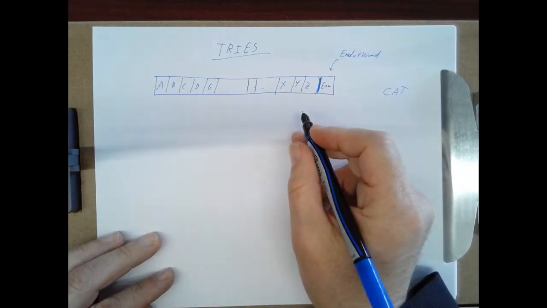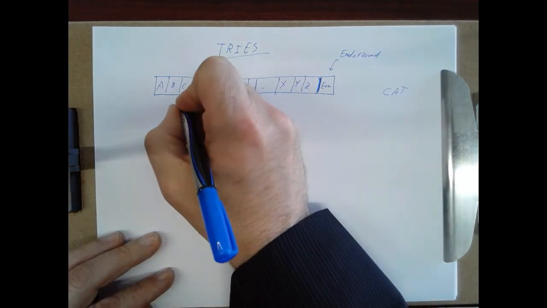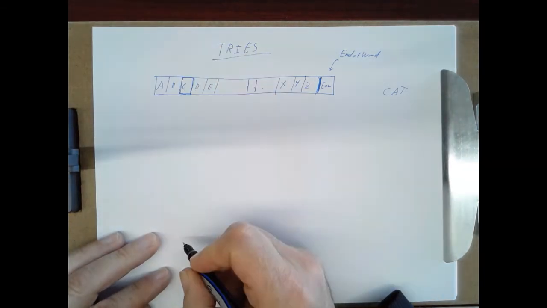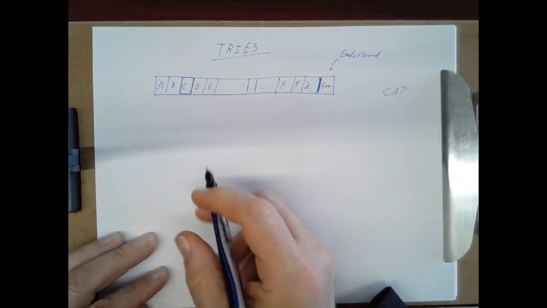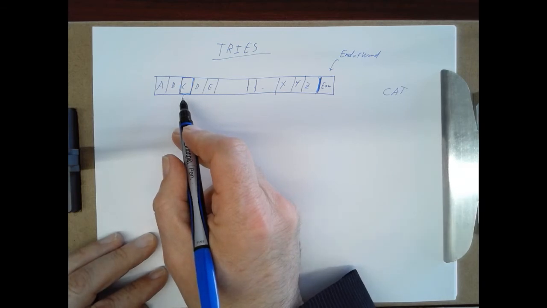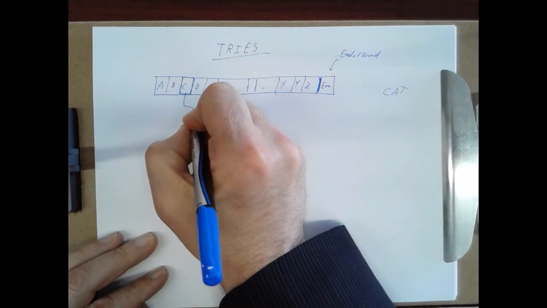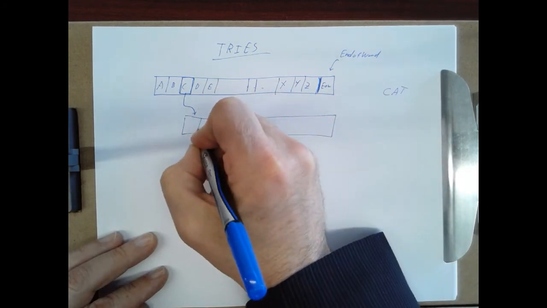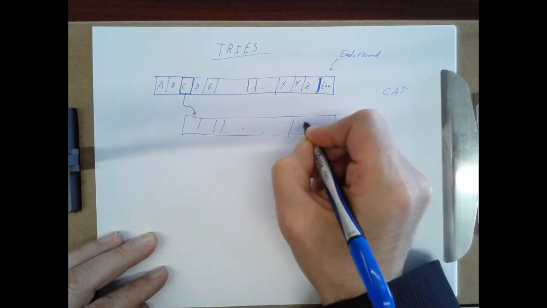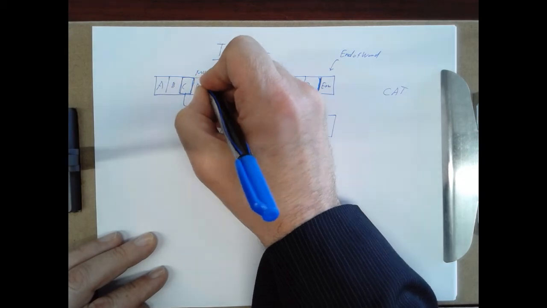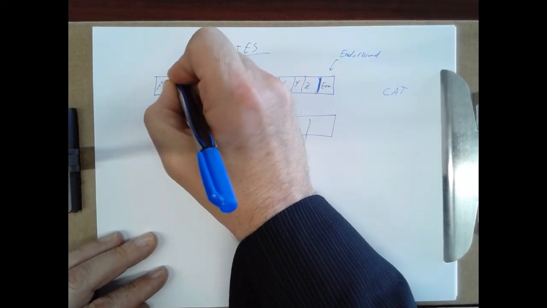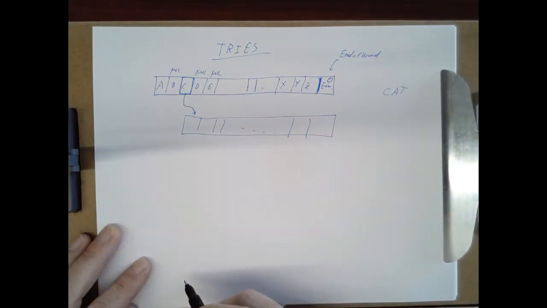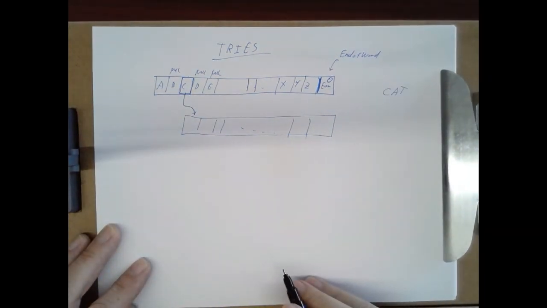There's no children on this, except for the node corresponding to C. So for this field in our first node, we're going to store the address of another node. So these are all null. And end of word is a 0. But this is going to point to another node.